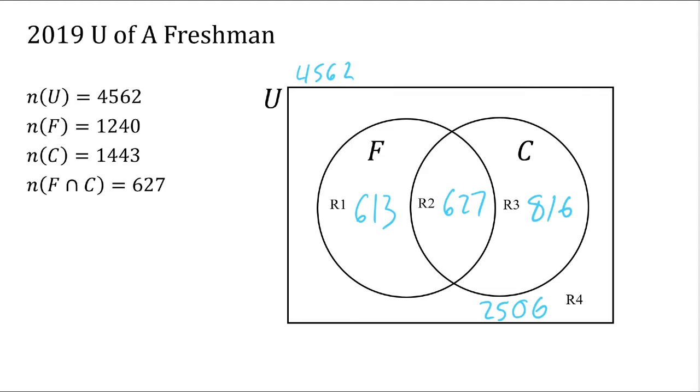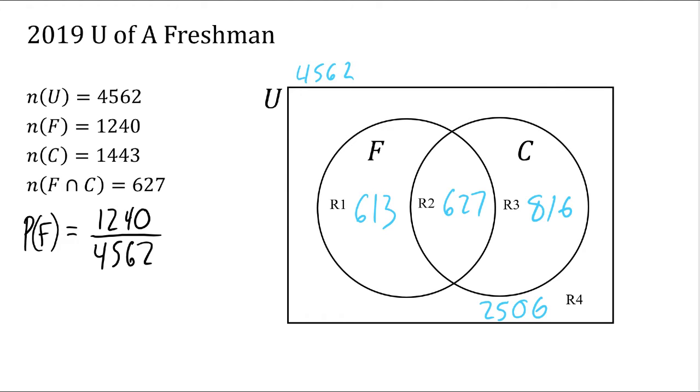Let's start off with a probability that's similar to last time. So the probability that a student is enrolled in finite would be the number of elements in that event. So that would be the number of students in finite, 1,240, divided by the number of students overall, the universal set, 4,562.